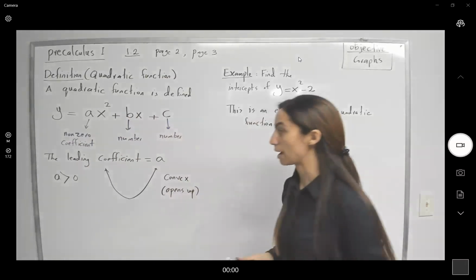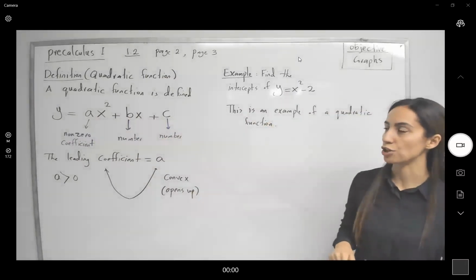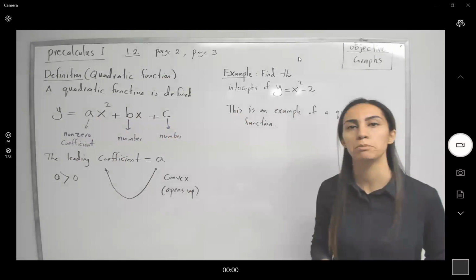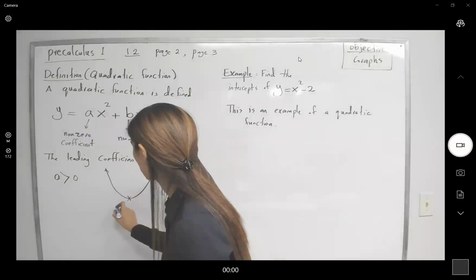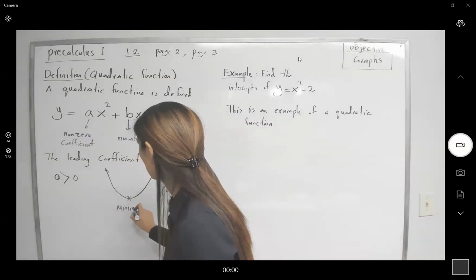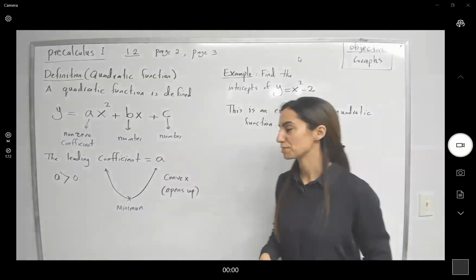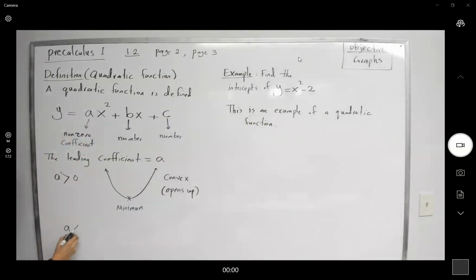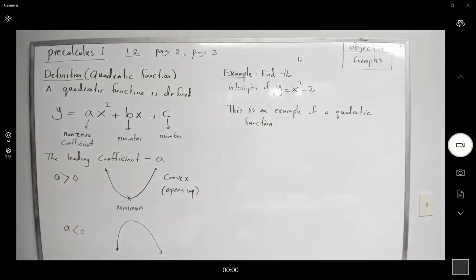When you are working with applications, if you see a quadratic function with a positive leading coefficient, it means that you end up with a minimum for that question. So the minimum number of cells, the minimum wage, the minimum hours. However, if a is negative, then you get a concave shape. It opens down, and you end up with a maximum.